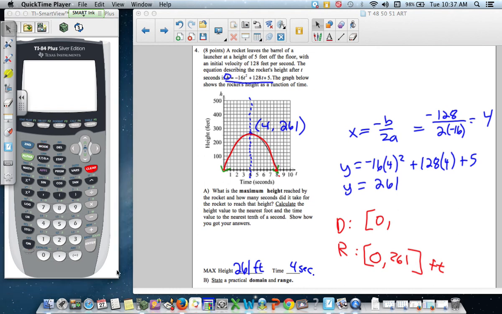So that's where I would do my negative b, which would be negative 128. Plus or minus, I'm just going to do the plus here, the square root of b squared minus 4a times c. That's my whole numerator, all divided by 2a.